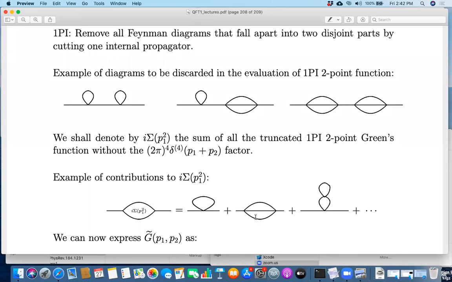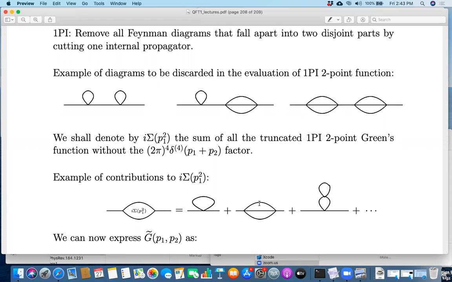Similarly here, let's say which factors we'll be including. There's a 1 over 2 factorial. By the way, I should have said the combinatoric factor is of course included in the definition. So here there'll be 1 over 2 factorial because there are two vertices. Then minus i lambda over 4 factorial, squared, one from each.